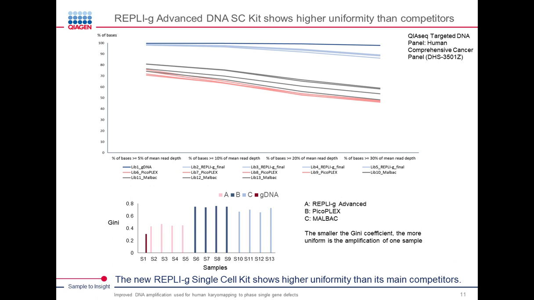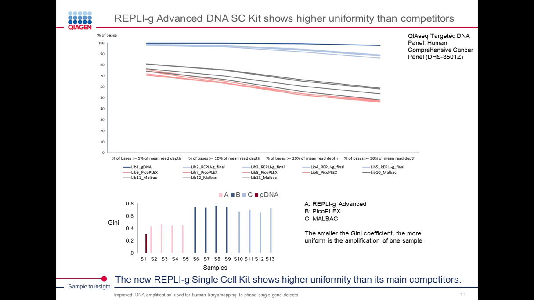In light blue, we have the REPLI-g Advanced kit. In the red, we have the PicoPLEX, and in the grayish, we have the results from the MALBAC. We used the same QIAseq targeted DNA panel that covers 850 kilobases, and we used each of the protocols as they are laid out in the handbook.